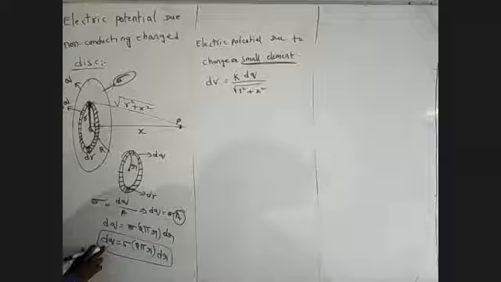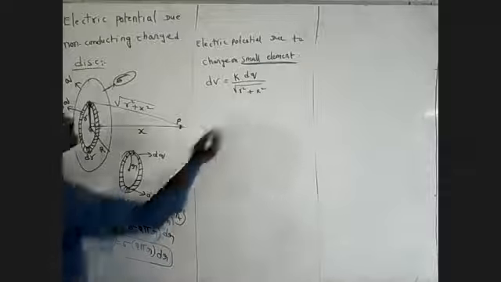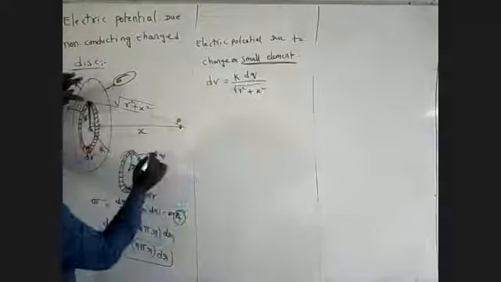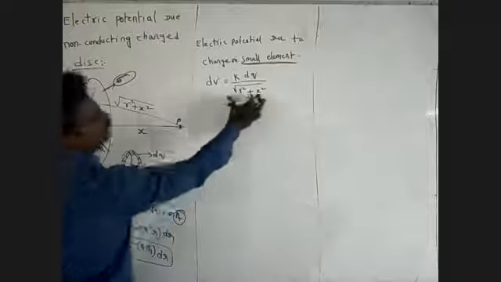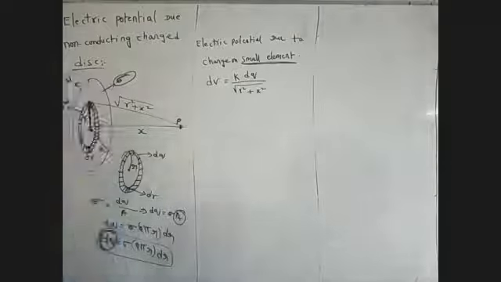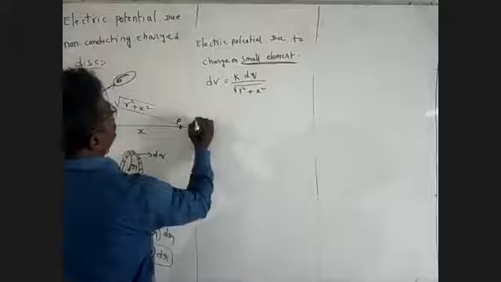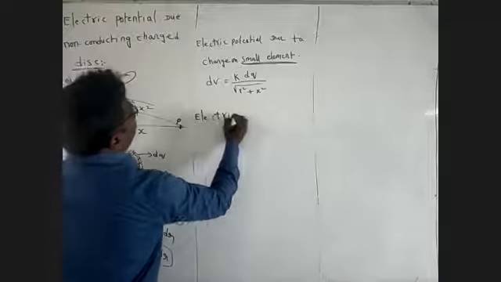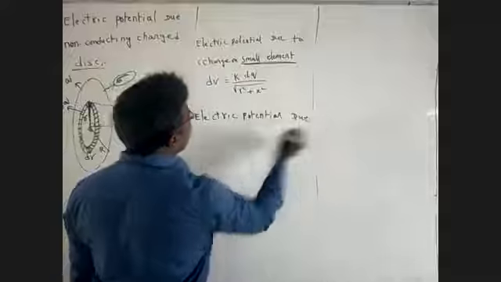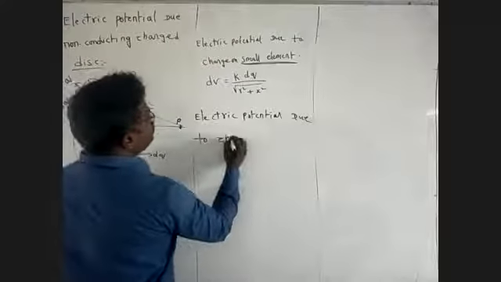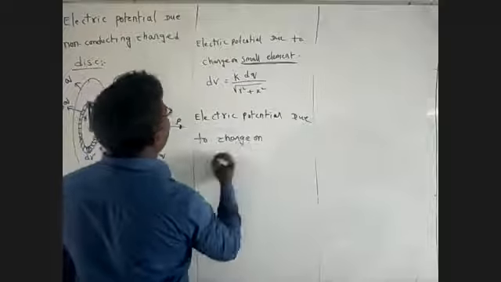What is the charge on the small element? The charge is dq, divided by the distance between the small element and point P, which is root of r square plus x square. Next, the electric potential due to charge on the disk.